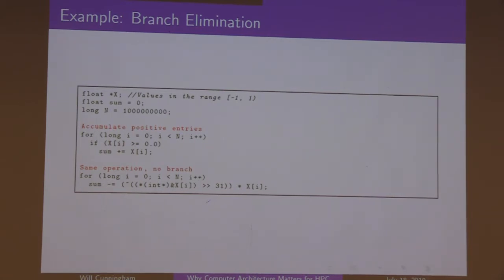If it's all ones, that's equal to -1, if it's a signed value. If it's 0, then it's 0. So what you're doing is -1 times this value or 0 times this value. And so you can see I've changed this from plus equals to minus equals. So there are variations on this.